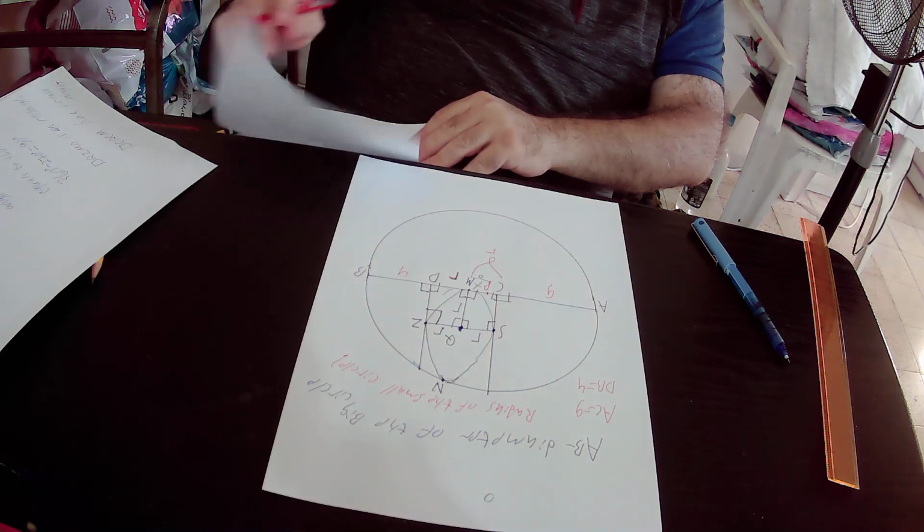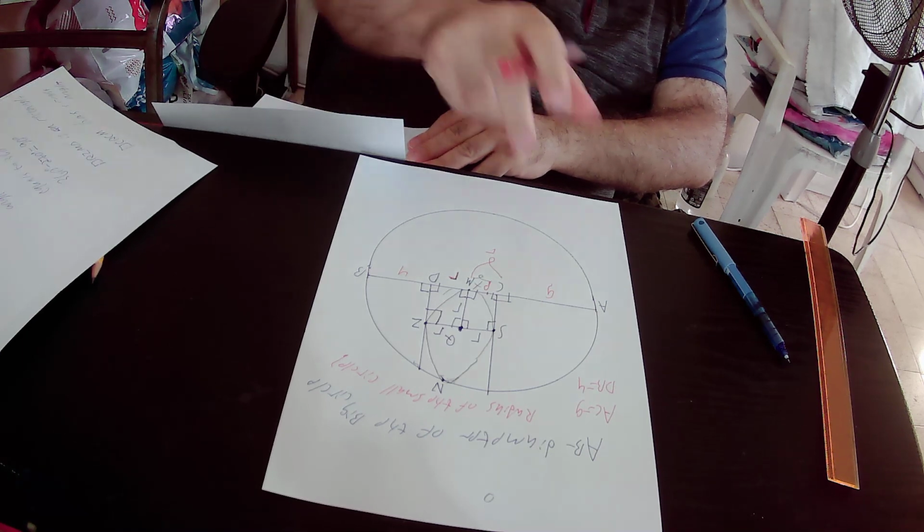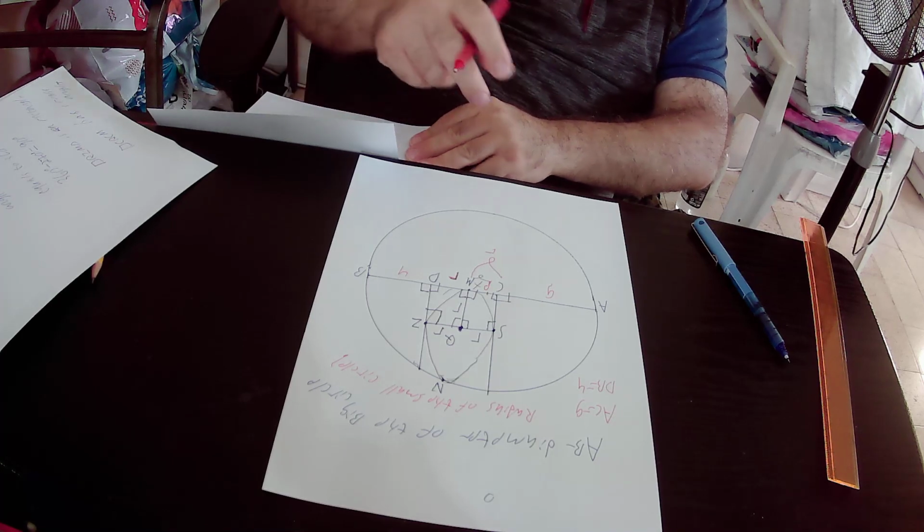So AP, that is the radius of the big circle, equals capital R. It equals AC, that is 9 units, plus CP.